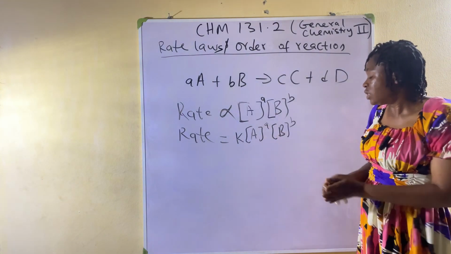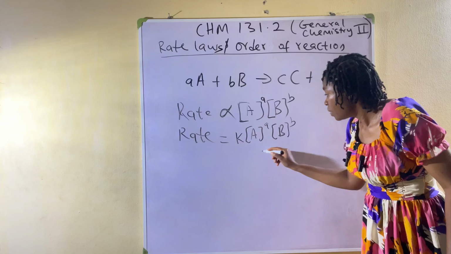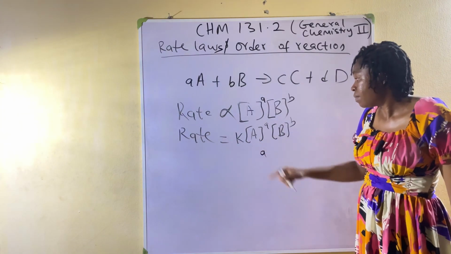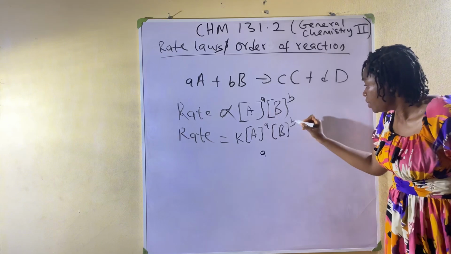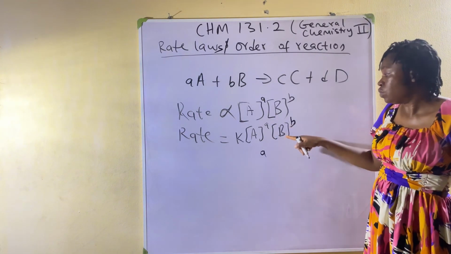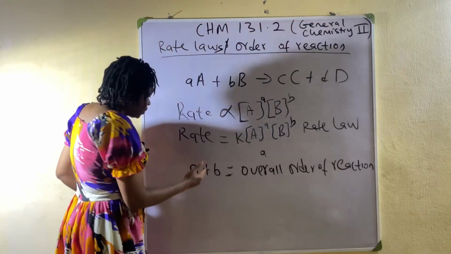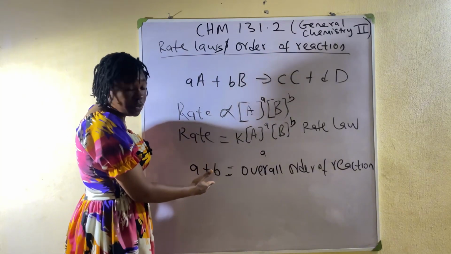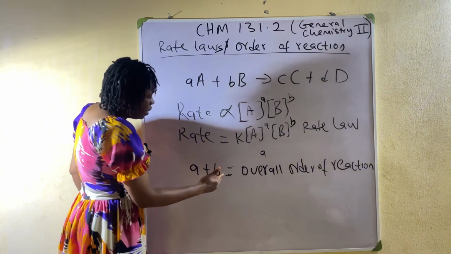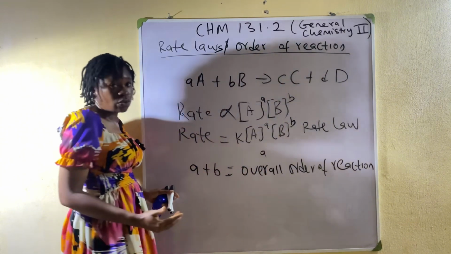This small letter a represents the order of reaction with respect to A, and this small letter b represents the order of reaction with respect to B. The sum of a plus b is the overall order of reaction.